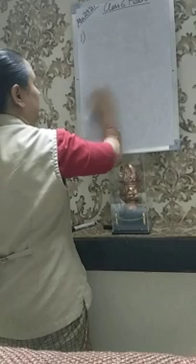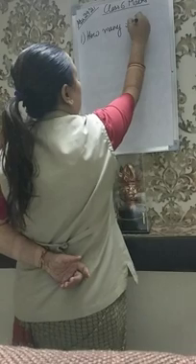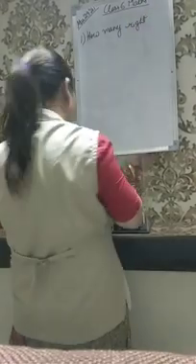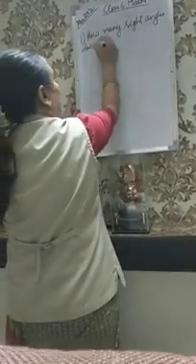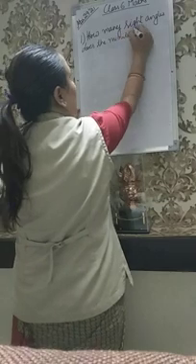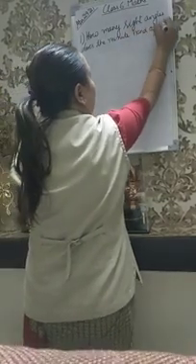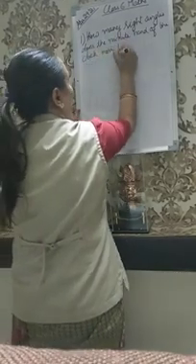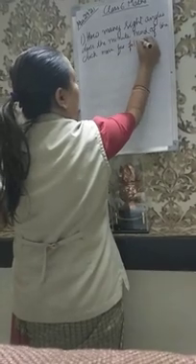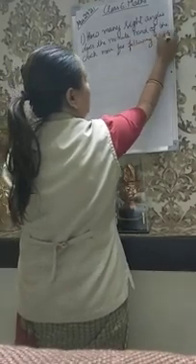I'll give you a little bit of homework. Okay, so my first question is, how many right angles does the minute hand of the clock move for the following times?